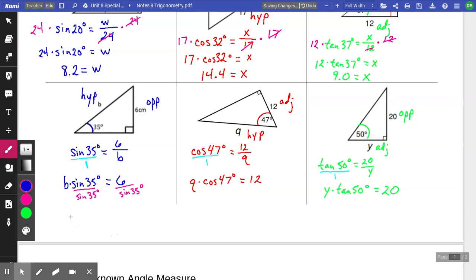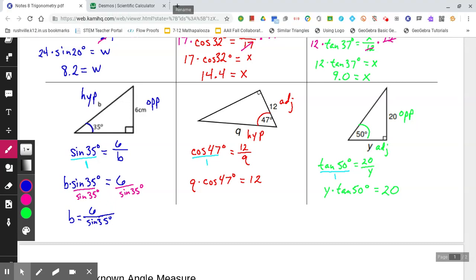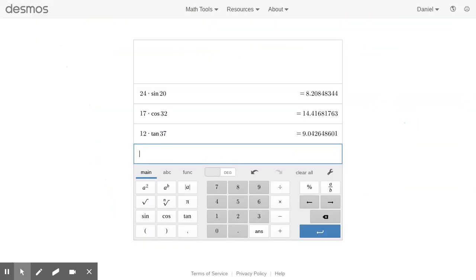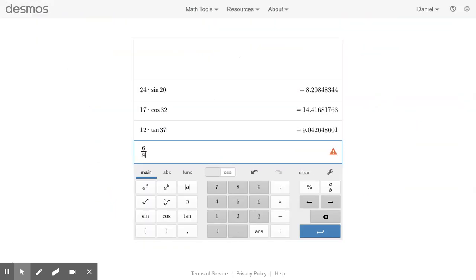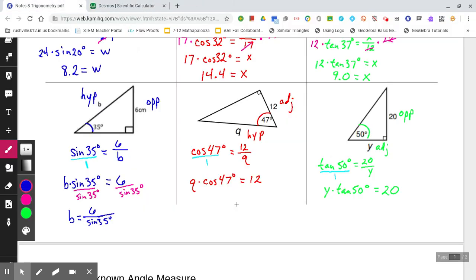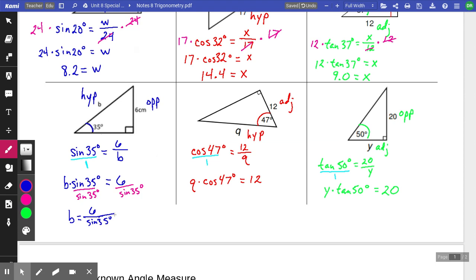So b equals 6 divided by the sine of 35 degrees. And all we need to do now is go to a calculator, get that decimal approximation. So 6 divided by sine of 35 degrees gives us a decimal approximation of 10.46, which will round to 10.5. Okay.